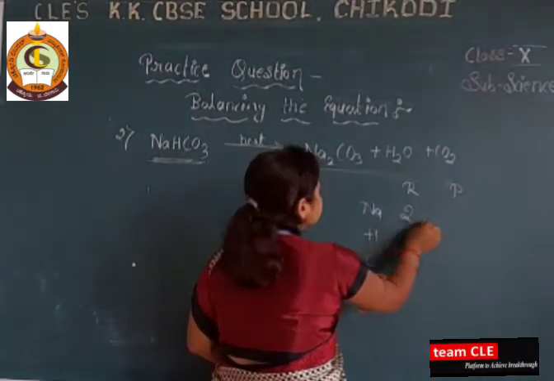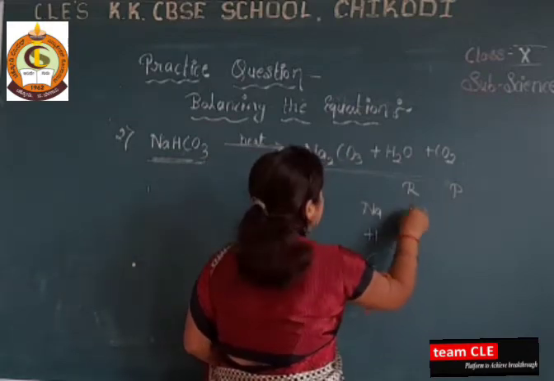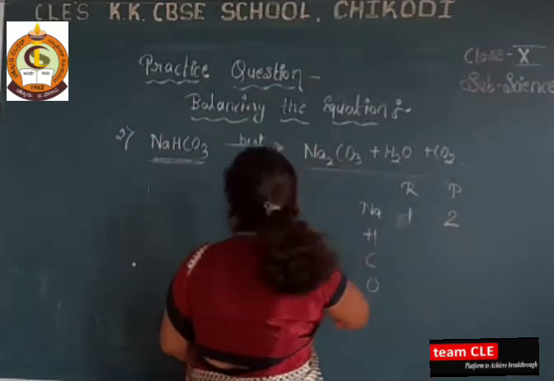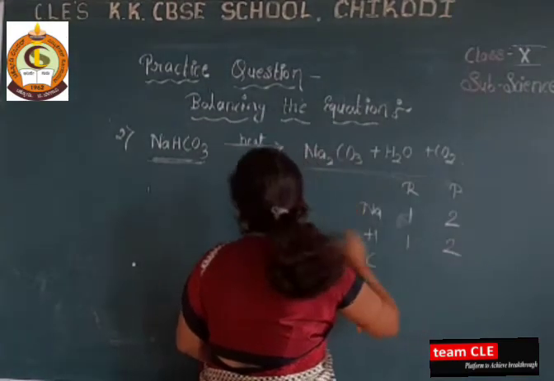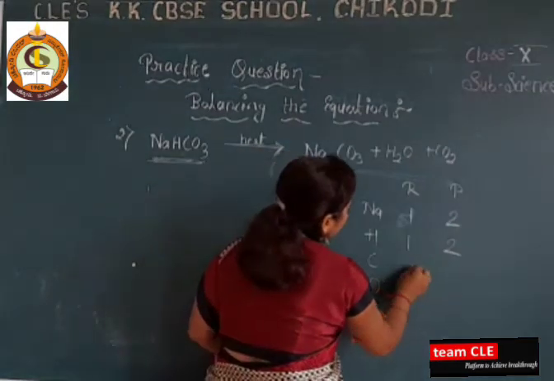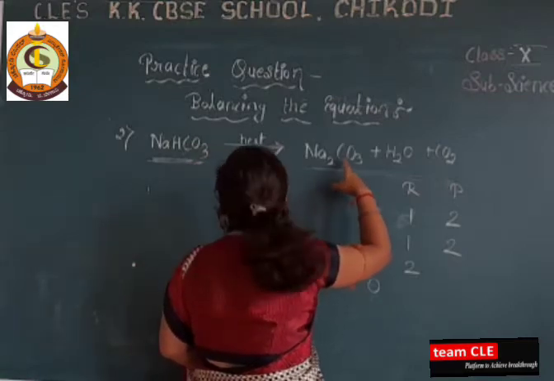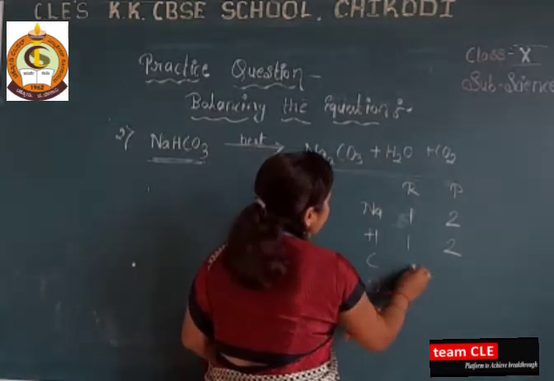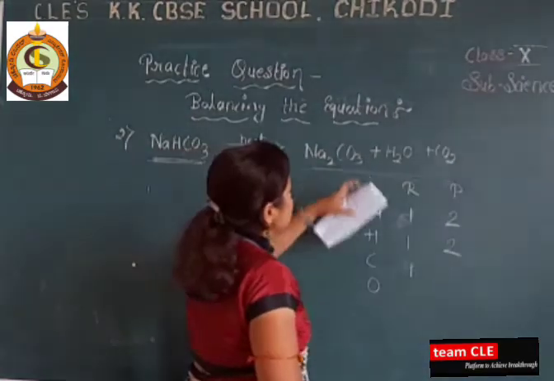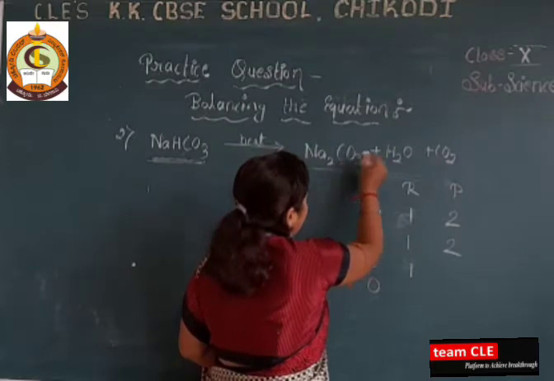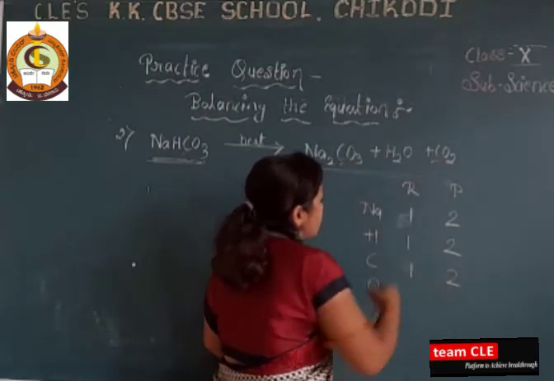So here Na is 2 in the product, and in the reactant it is 1. In hydrogen it is 1, but here hydrogen is 2. Carbon is only 1 in the reactant form, and in the product form it is 1 and 2, okay, 1 and 2 carbons are there.